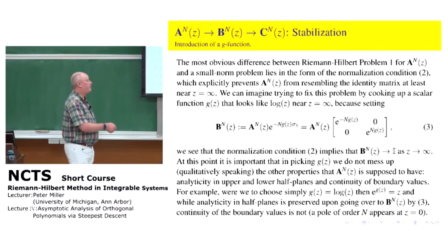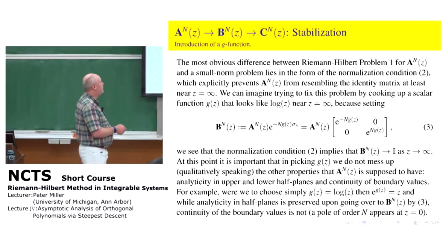That's what stops you from just taking g of z exactly to be log z, because if you did that, then e to the g would be z. And so you would have z to the minus n times z to the n, and that z to the minus n puts a pole of order n into the matrix B at the origin. So that would be no good, okay? That's too simple a thing to do, and it would mess up the continuity of the boundary values.